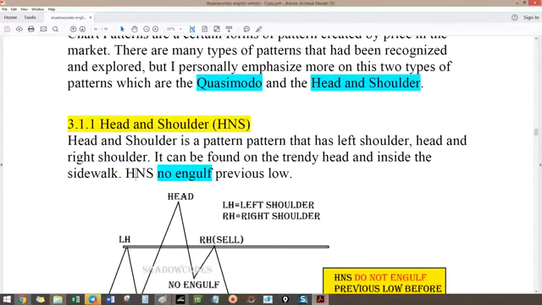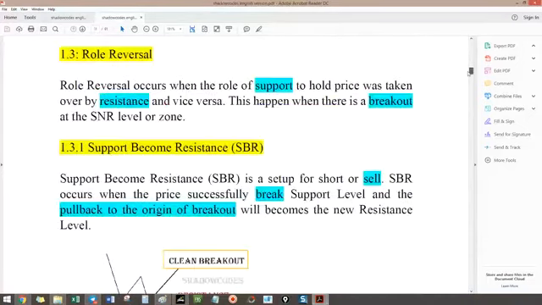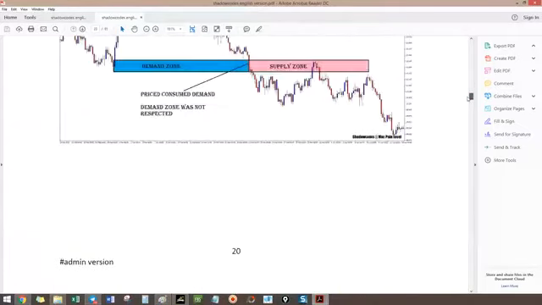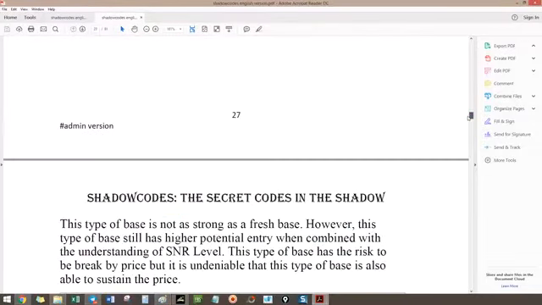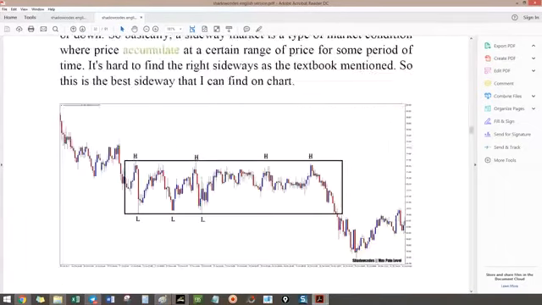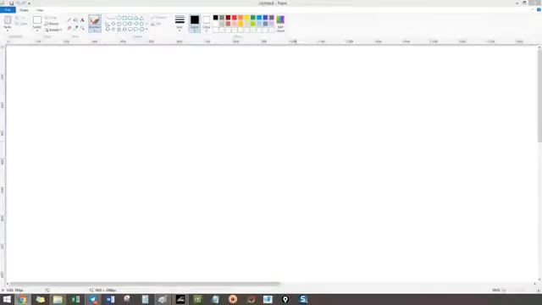Wait a moment. I think I opened the wrong ebook. Sorry. Sideway. Wait a moment. Close all that.